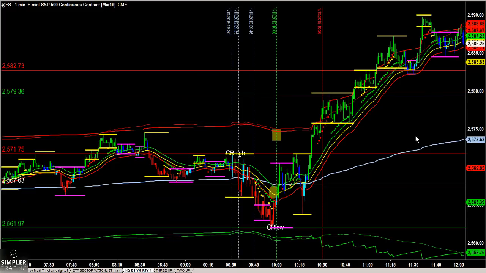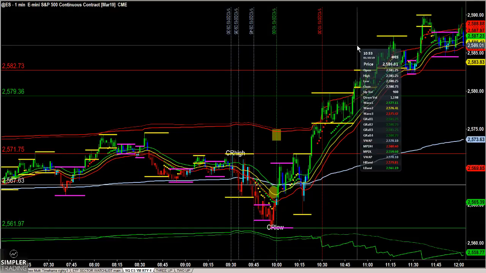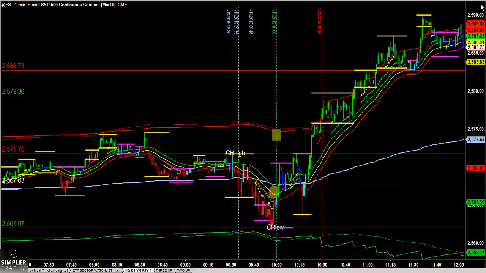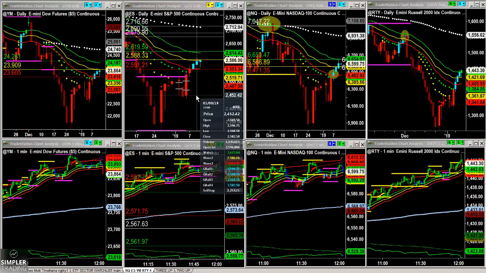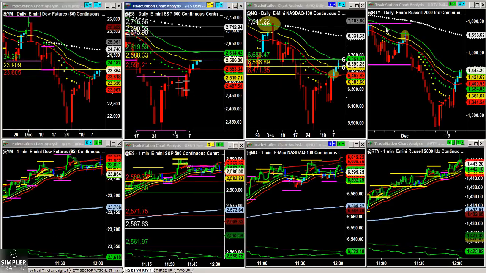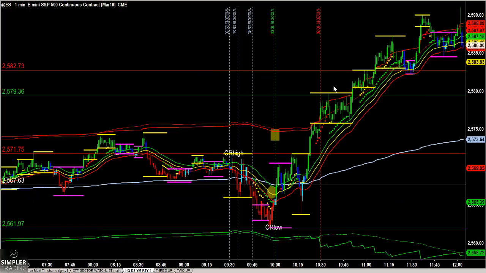Sorry, I'm looking for the close here. 2582.5. When we take out 2582.5, what then happens? That's progress. The movement we've seen from 2582.5 up to 2590, that's progress. Everything else is just retracing steps, taking a path we've already taken to the upside.